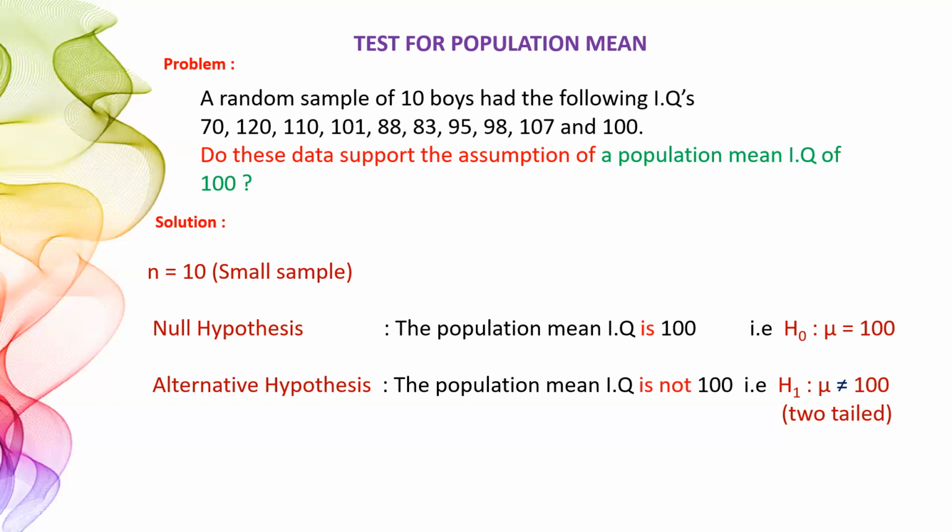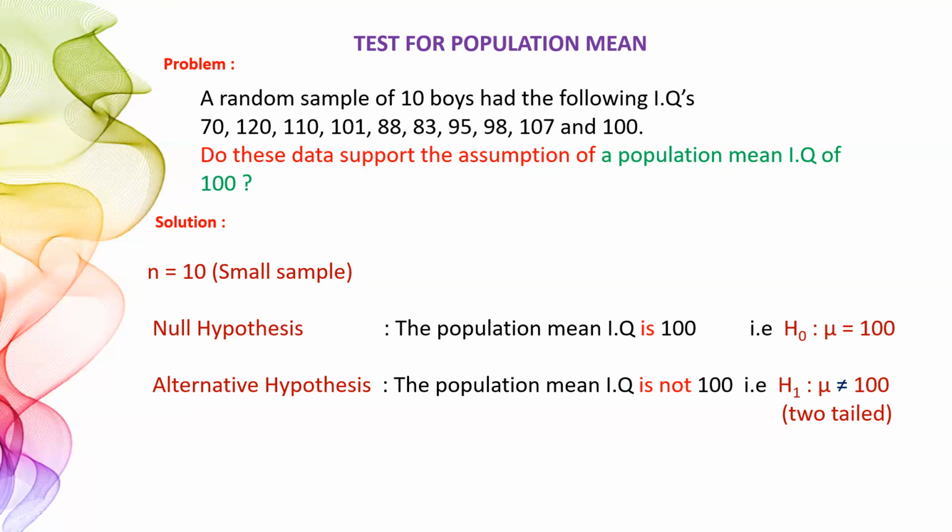The opposite of the null hypothesis will be the alternative hypothesis. So our null hypothesis says the population mean IQ is 100, and the opposite of that is the population mean IQ is not 100. Once our problem is 'not 100', the problem becomes two-tailed.